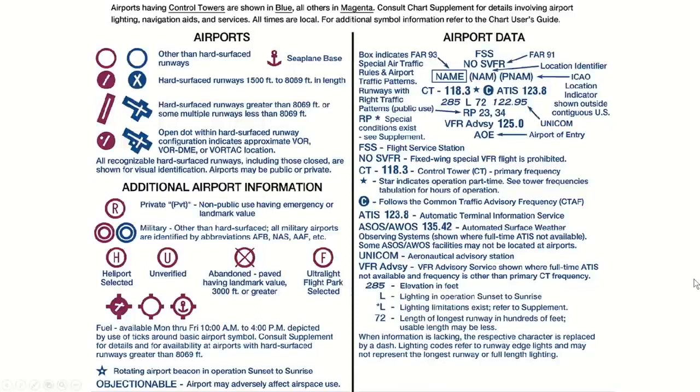As we look at this, you can see they're telling you lots of things. They're showing you some diagrams of the airports here. They're telling you, like, a circle with an H is a heliport. And they're also telling you the airport data, which is something you're more likely to see on the test. Over each airport, there's going to be a little diagram that has some of this information, not necessarily all of it.